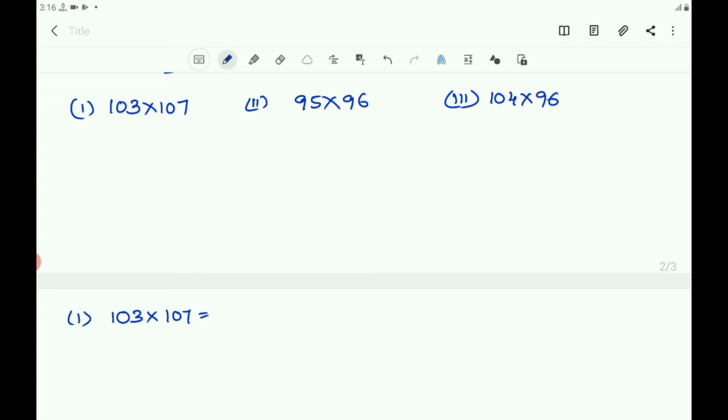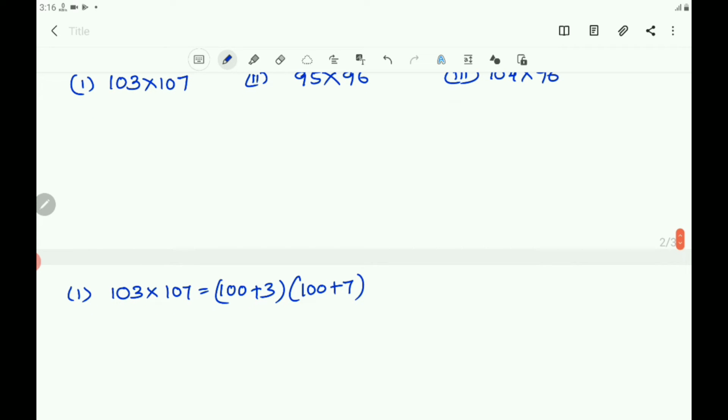Here 103 is there, 107 is there, means you can express this as a product of 100 plus 3 into 100 plus 7. 100 plus 3 is 103, 100 plus 7 is 107. So you got it in the form of x plus a into x plus b.